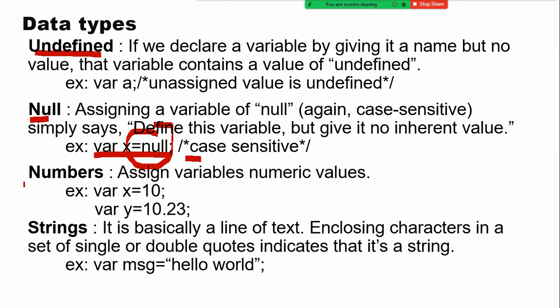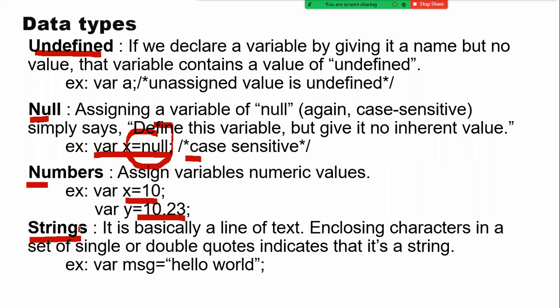The data types are, again, the number data type. So for example, I'm writing var x is equal to 10, or I'm writing 10.23. Based upon your requirement, you can have a number with a decimal point, or a number without a decimal point. We have another data type called string. What does string mean? It is a set of characters.